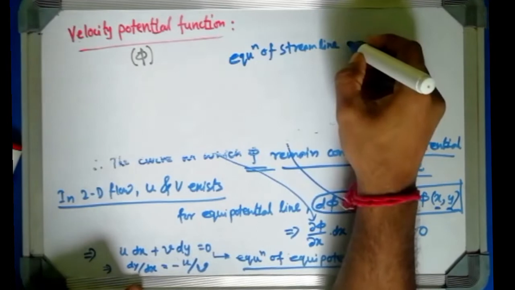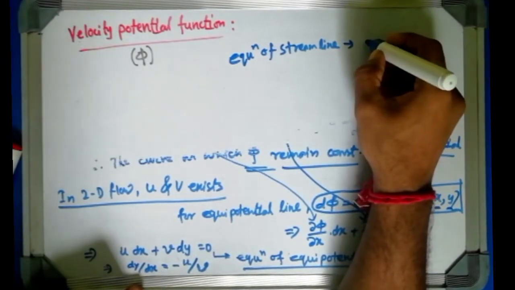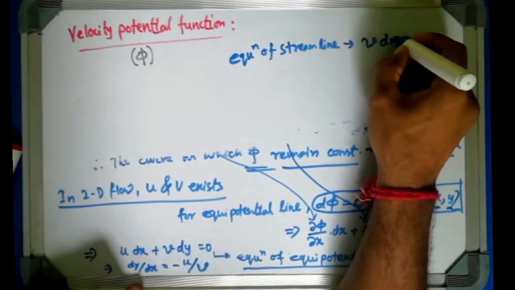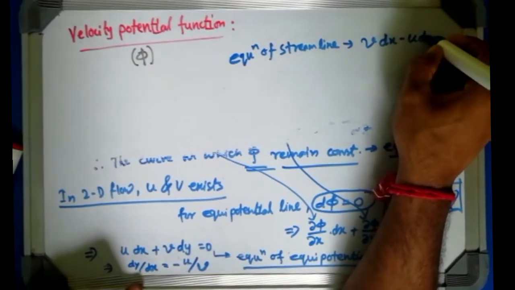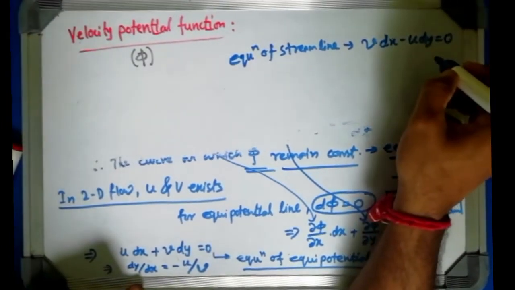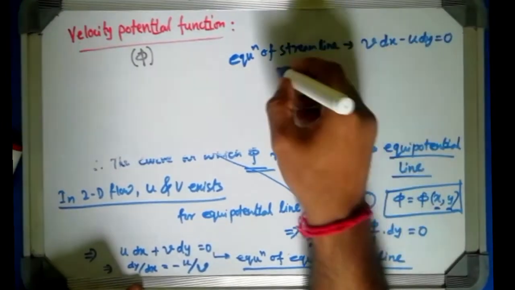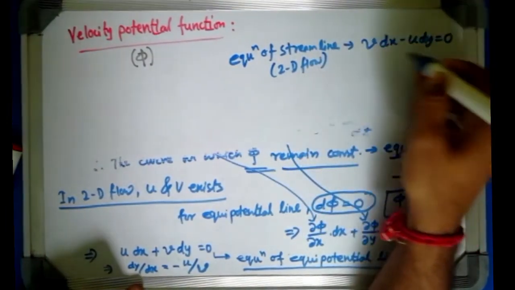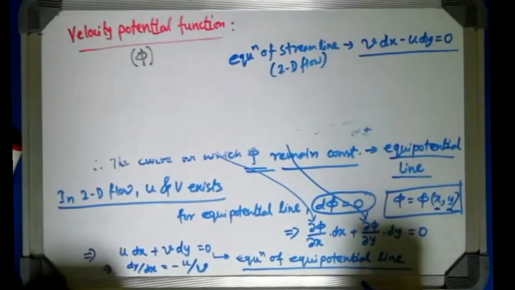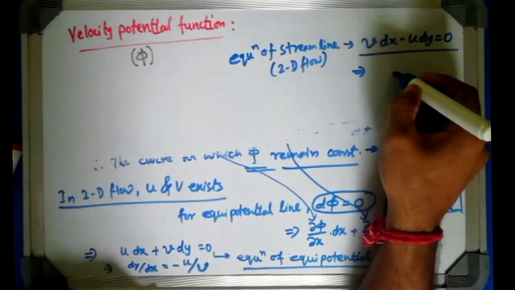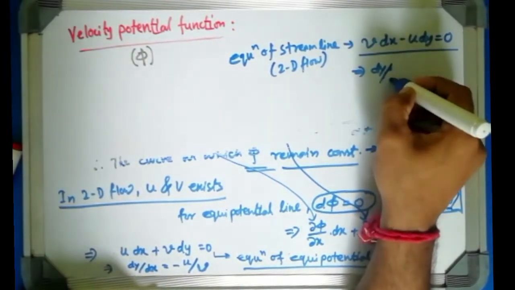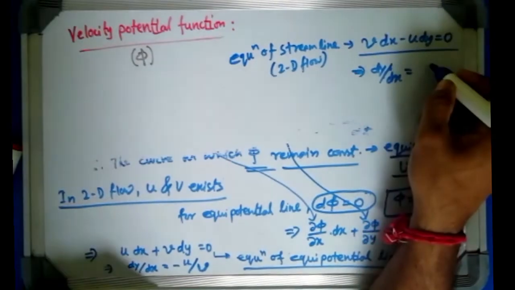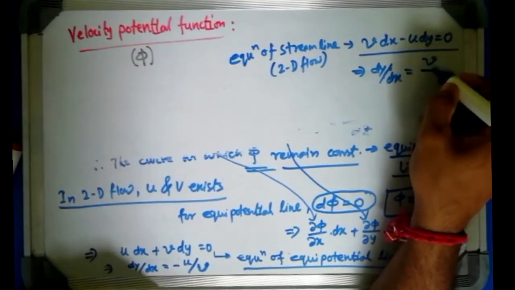I have written for the 2D flow v dx minus u dy equals 0. That is the equation of the streamline for 2D flow. At the beginning of the lecture I showed you. So this expression also can be written in dy dx pattern. Dy dx is nothing but v by u.